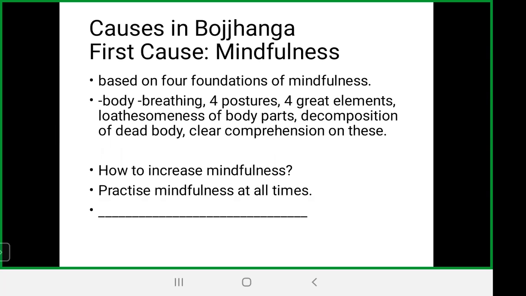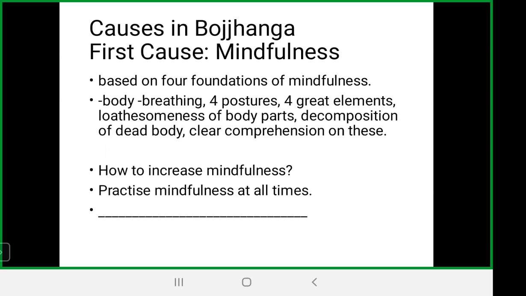First one. In the causes of the Bojjhanga, the first cause is mindfulness, and this is based on the Satipatthana, the 4 foundations of mindfulness. For example, you can focus on the body, the breathing, the 4 postures, the 4 great elements, the loathsomeness of the body parts, the decomposition of dead bodies, clear comprehension, and so on.